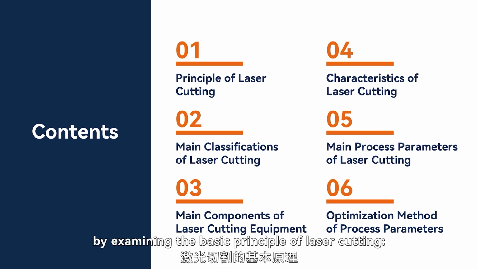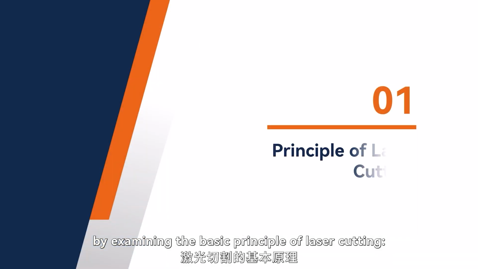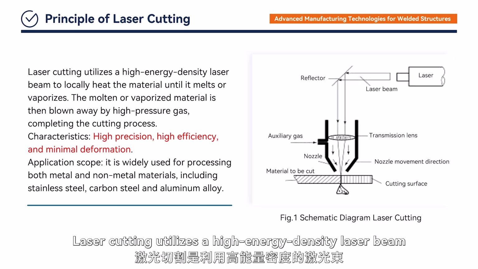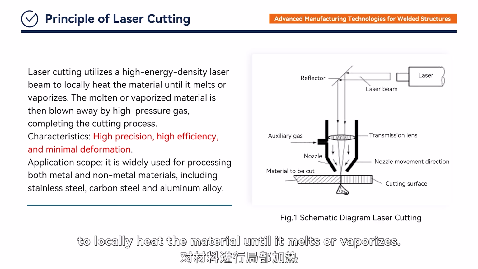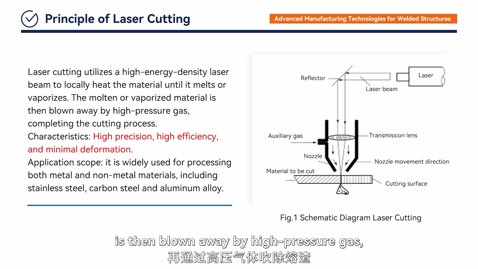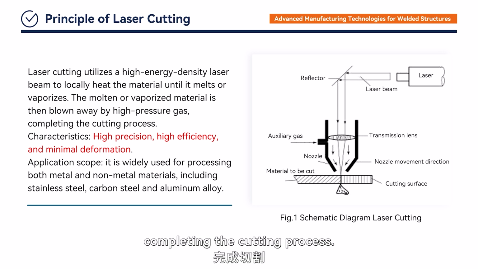Let's start by examining the basic principle of laser cutting. Laser cutting utilizes a high-energy density laser beam to locally heat the material until it melts or vaporizes. The molten or vaporized material is then blown away by high-pressure gas, completing the cutting process. Characteristics: high precision, high efficiency, and minimal deformation.